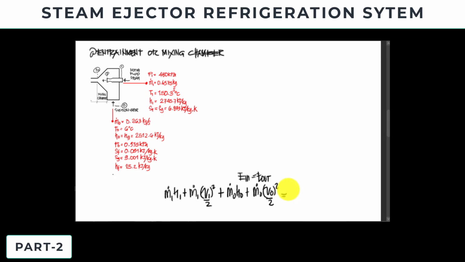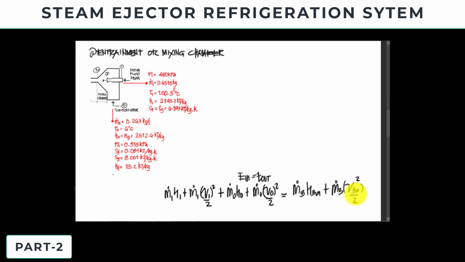The one leaving has the mass flow rate 3 times the enthalpy 3A, plus the mass flow rate 3, velocity 3A squared over 2.